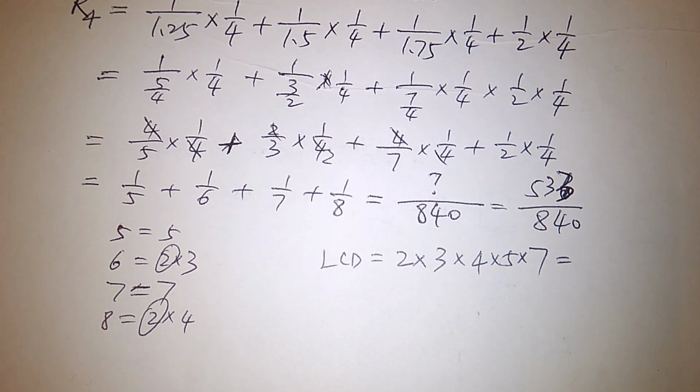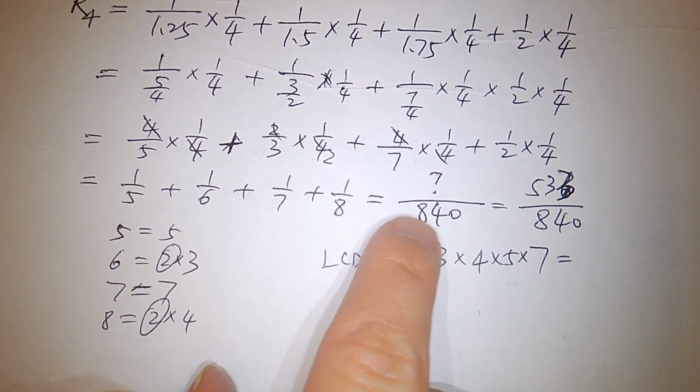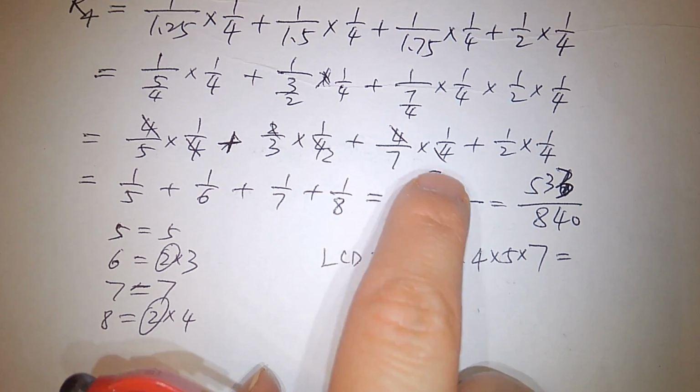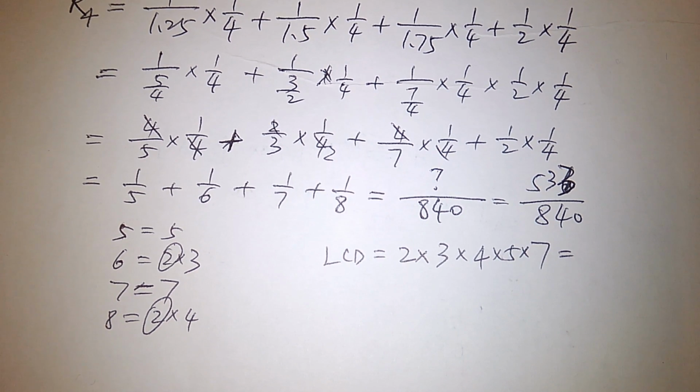Otherwise, you have to rewrite each fraction with an LCD of 840 and then get this fraction. So that's how to solve the problem using the right endpoint.